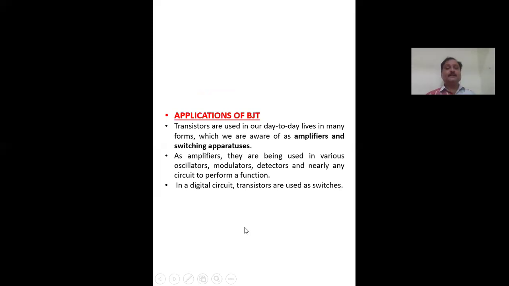Next, what are the basic applications of BJT? In the first slide itself, we said that a transistor is used as an amplifier and a switching device. Amplifiers: suppose we are using a mic. In the class itself, we are using a mic.